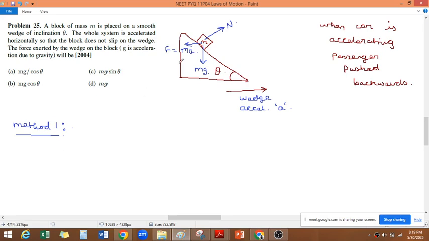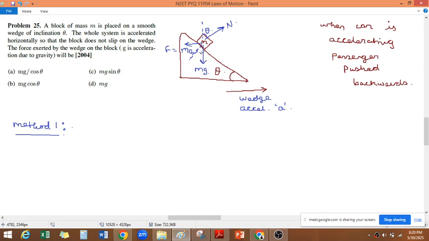So if this is theta, this is also theta. Why? Because if this is theta, this should be theta. As you keep doing these problems, you will get the idea very easily. If you are not convinced, I can explain it one more time.